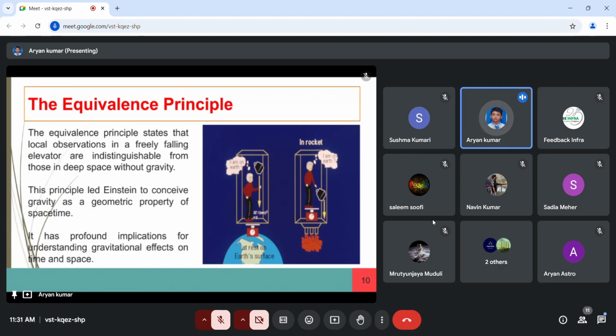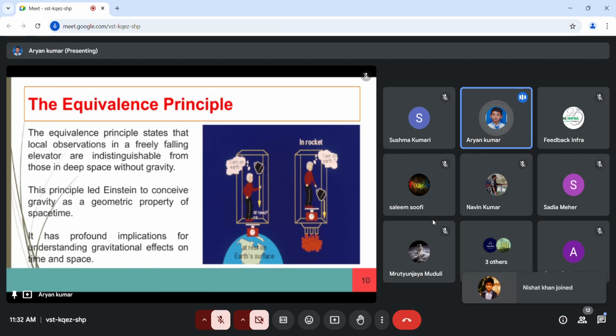The equivalence principle states that gravity is equivalent to acceleration. So the effects of gravity are equivalent to the effects of an acceleration. An observer in a gravitational field will experience the same effect as an observer who is accelerating in a rocket.